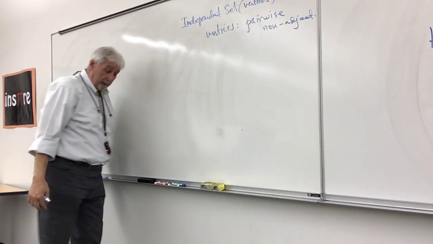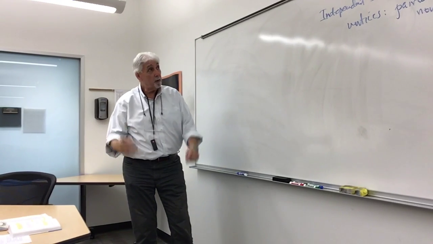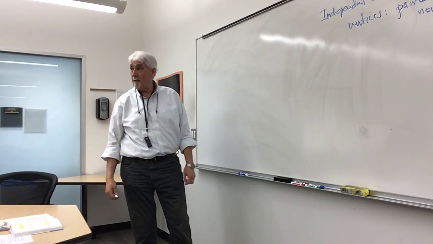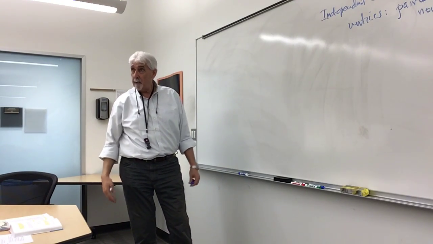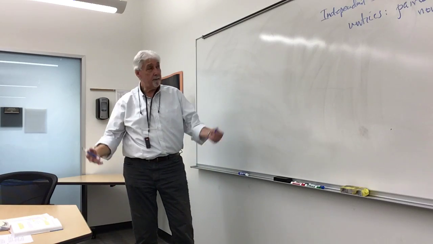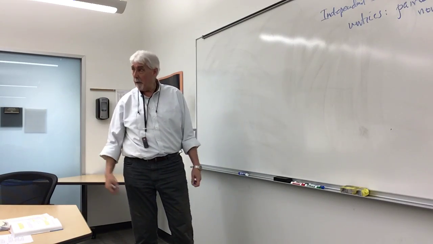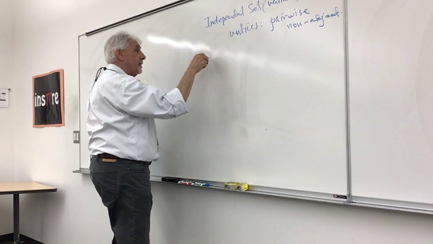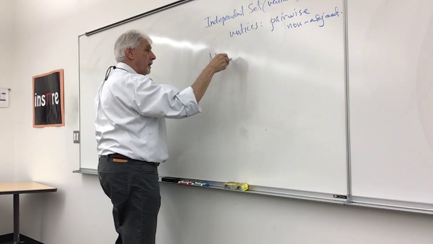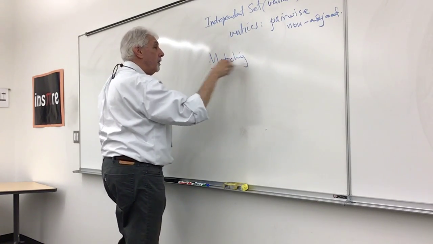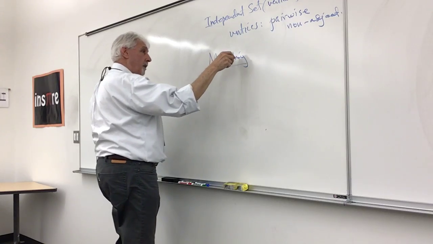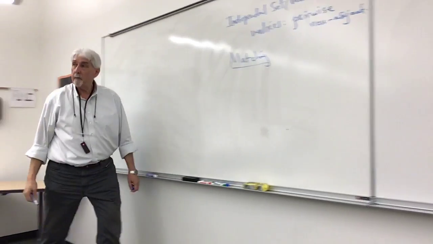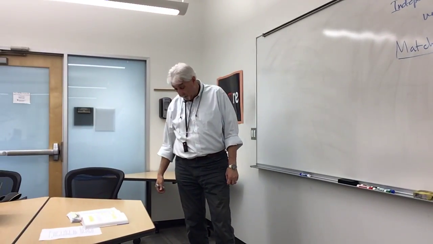Now, some books and some applications will talk about independent sets of edges, but that gets a little confusing, maybe. So rather than looking at independent sets of edges, this book calls it a matching. So what would be a matching?